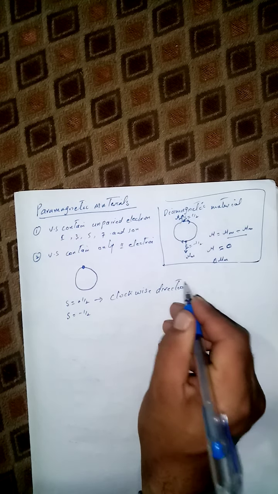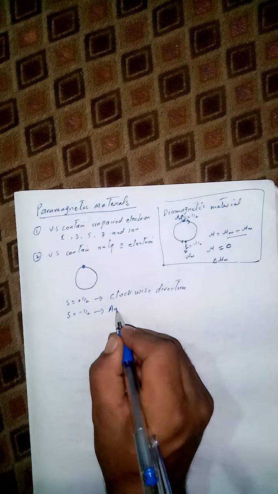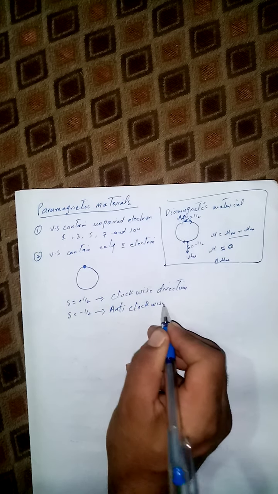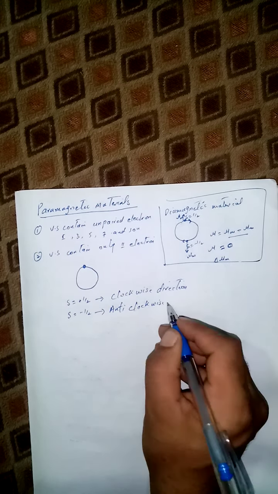If the spin is -1/2, then the electron will move in anti-clockwise direction. Now we will consider the first case where the spin s is equal to 1/2.